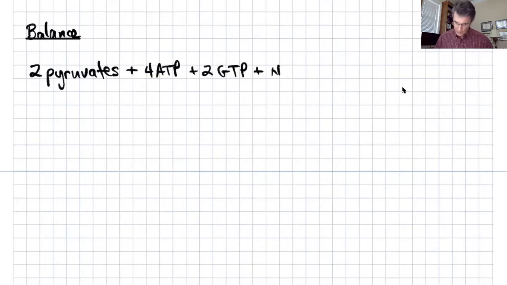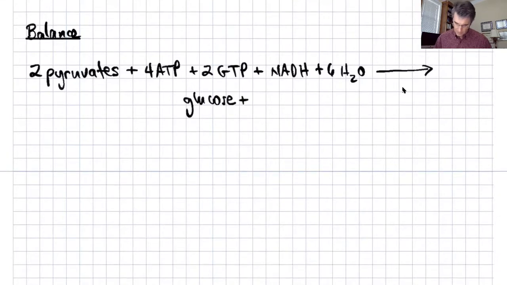Plus 2 NADHs, plus 6 waters, and now made glucose out of it, plus 4 ADPs, plus 2 GDPs, plus 2 NAD pluses.